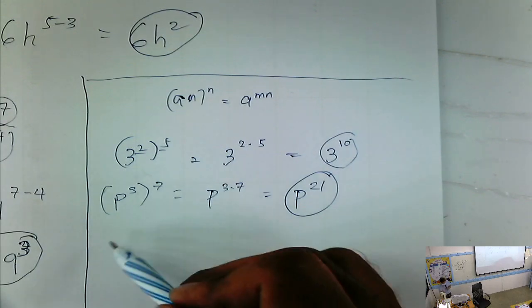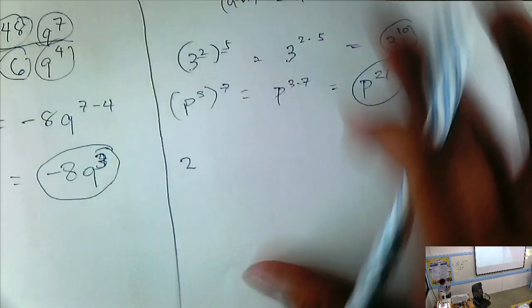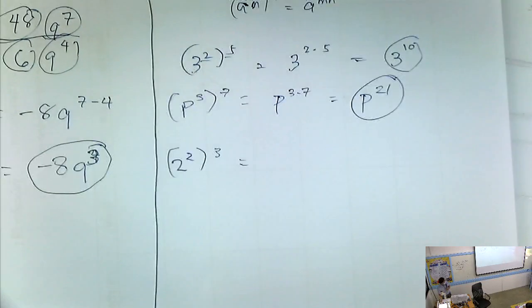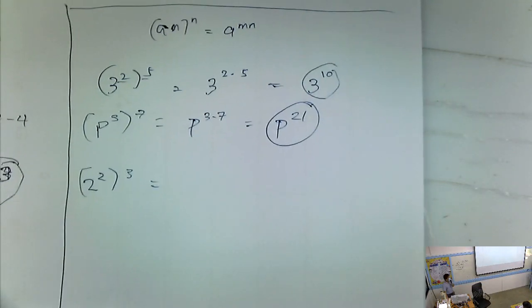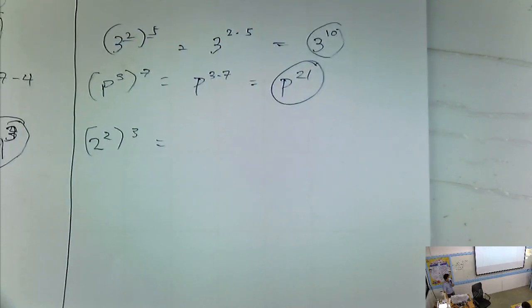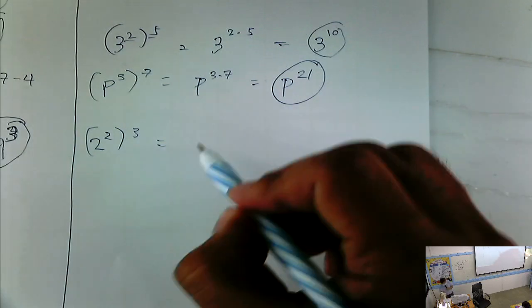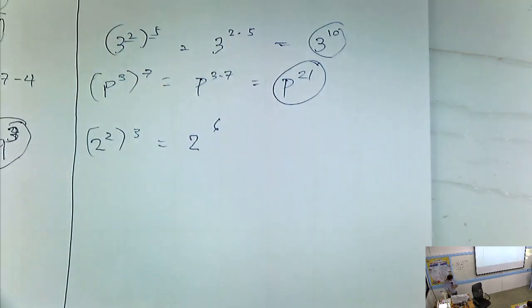How about 2 to the power of 2 to the power of 3? What will be the answer? Okay, this is 2 to the power of 6.